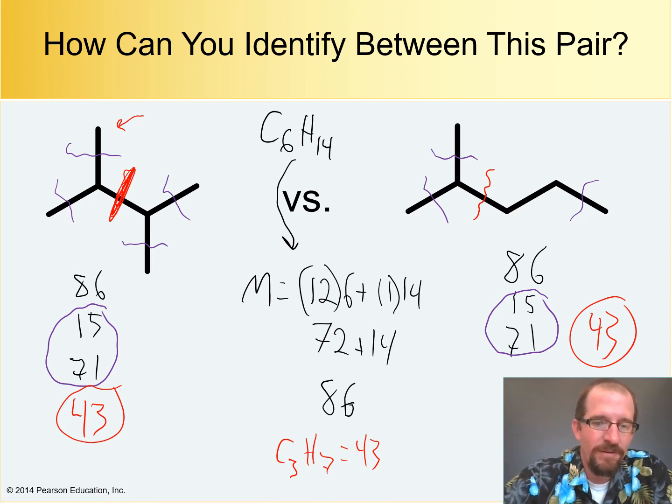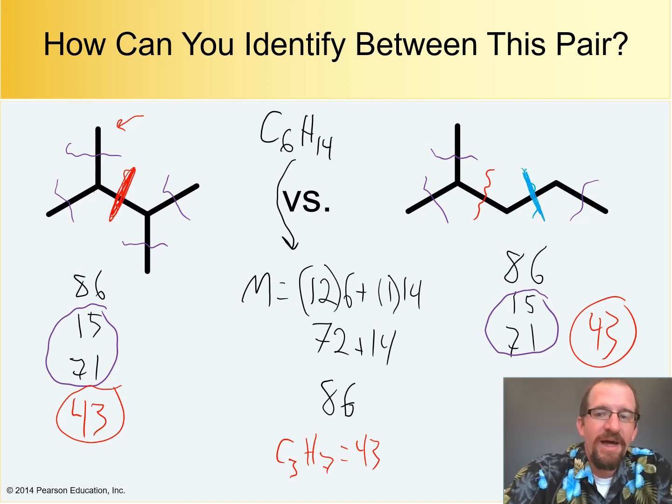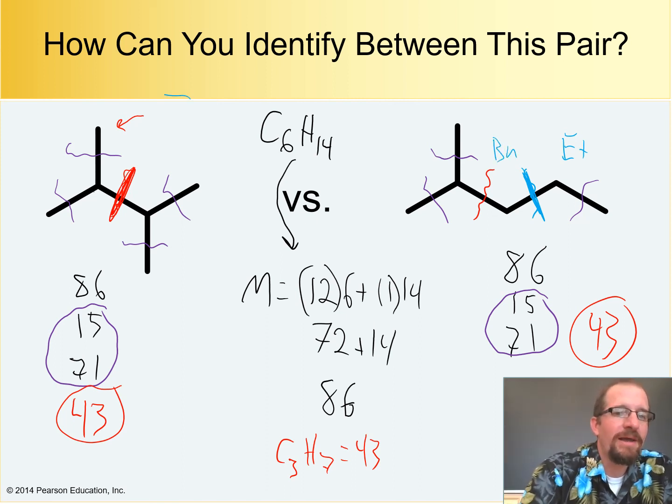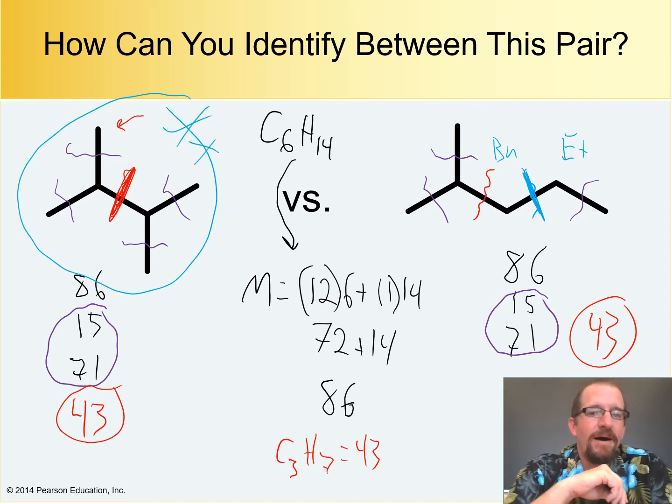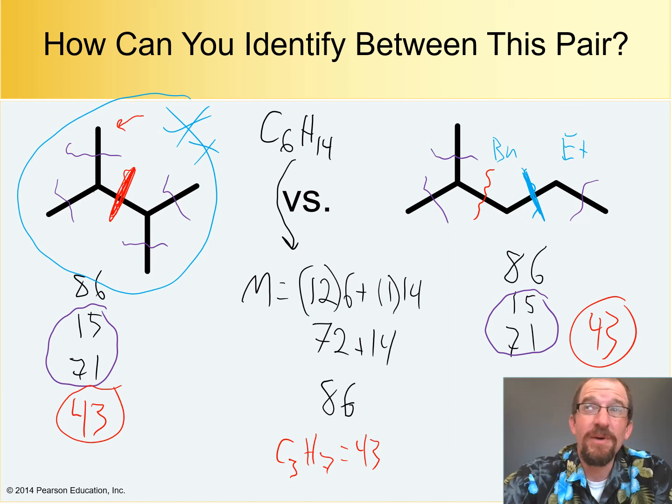And then the last one is you can fragment right here. So if you do that, you're going to have an ethyl group on one side and a butyl group on the other side. Now there's no way with the molecule on the left that you can fragment off an ethyl group or a C2H5. So in this case, on the right one, you would have a mass of that ethyl group. So C2H5, what did I say?